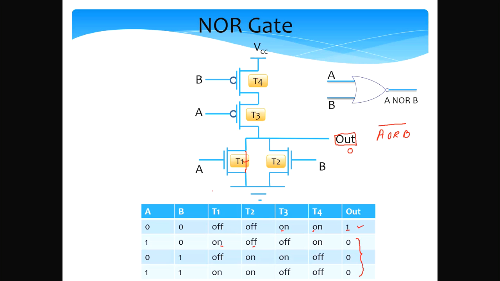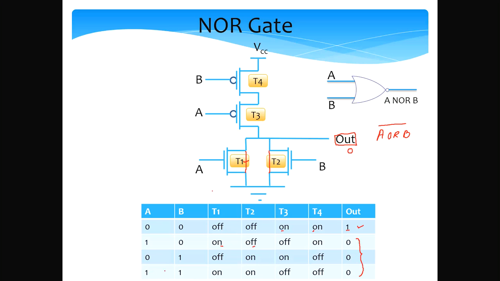So as a result, the supply is not connected with the output line. But out of T1 and T2, T2 is on. So in this case, this has become a closed circuit. So the output terminal is connected to the ground via T2 and its voltage is 0.